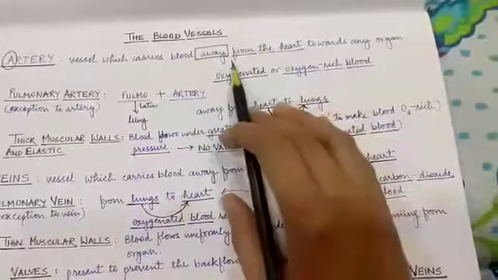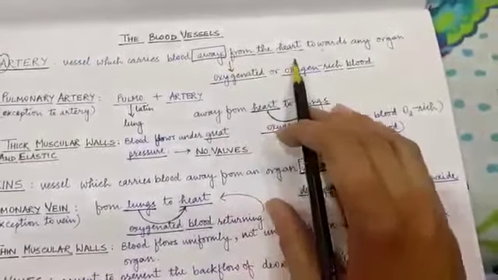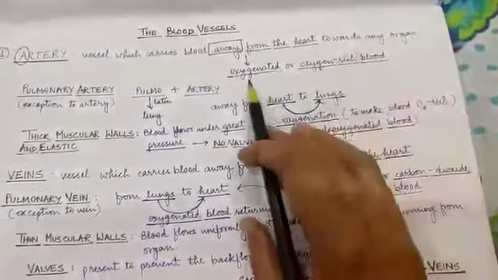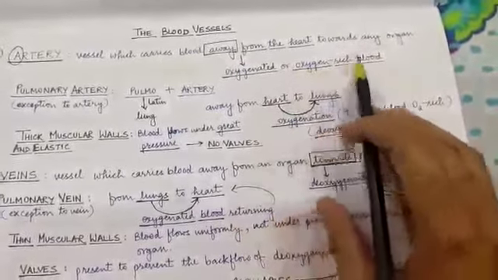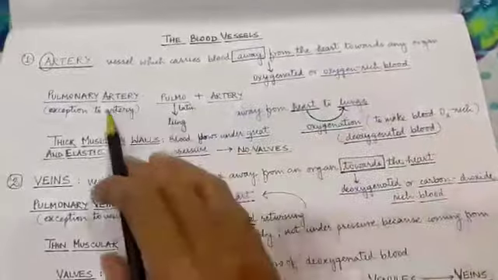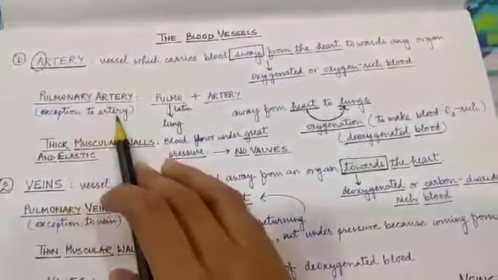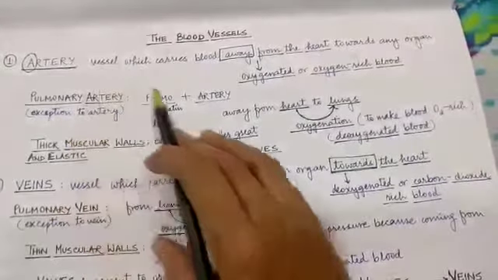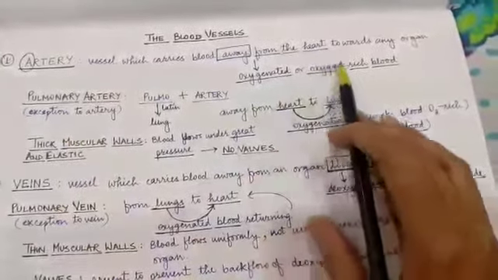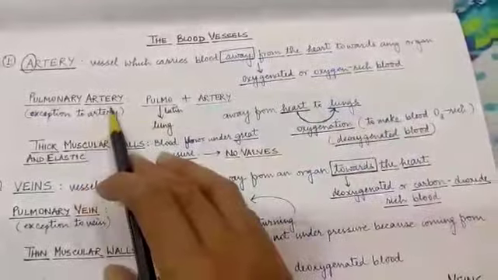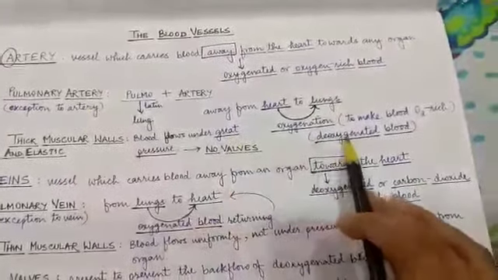So if the blood is going away from the heart to the organ, naturally it has to be oxygenated or oxygen rich. Now we have pulmonary artery, that is said to be an exception to artery, and that way if the artery is carrying oxygenated blood, that means pulmonary artery has to carry deoxygenated blood.